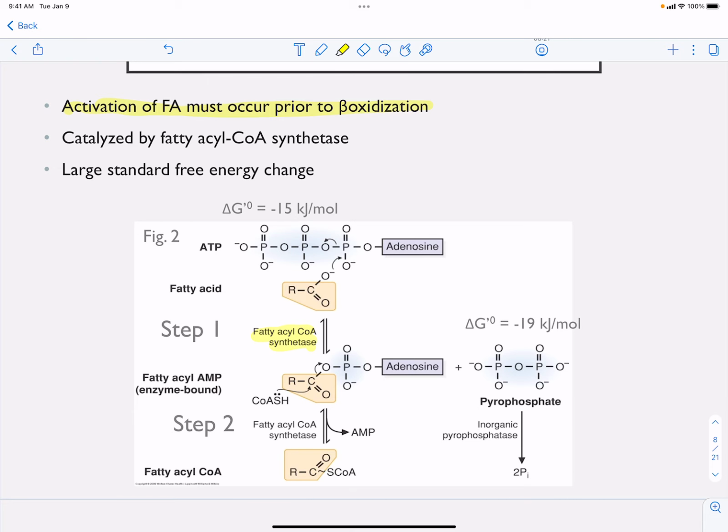So you're going to get a phosphate group with adenosine attached to it, and you're going to release a pyrophosphate, which is a very good leaving group. And then you're going to add a CoA. Your CoA is going to come in and displace the AMP, the adenosine monophosphate, and then your fatty acid is now activated with the coenzyme A attached to it. So it becomes a fatty acyl-CoA.